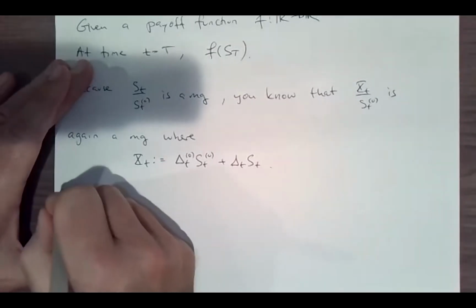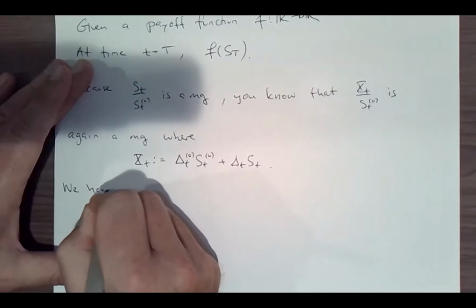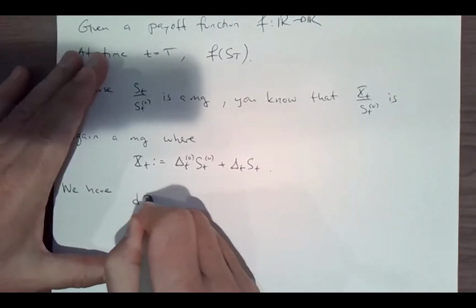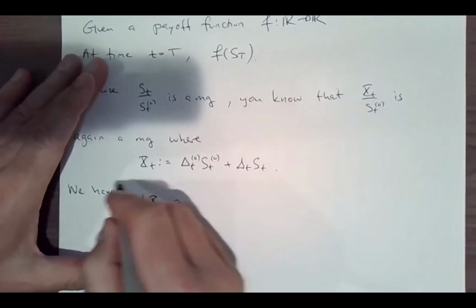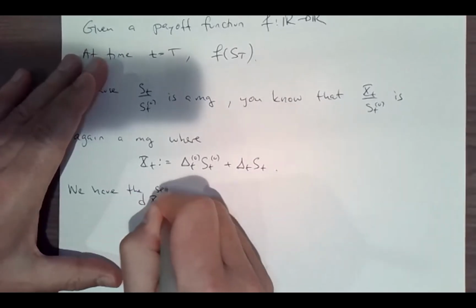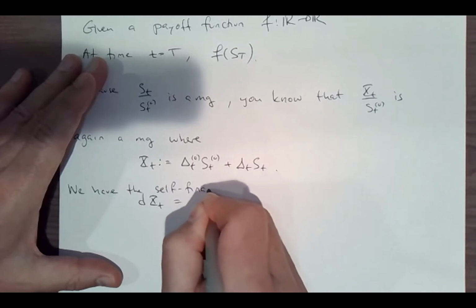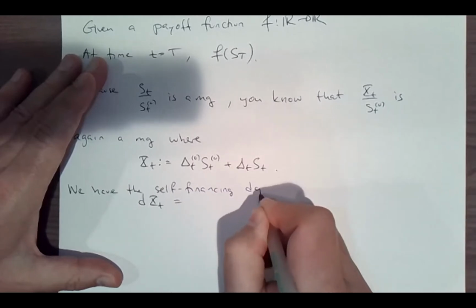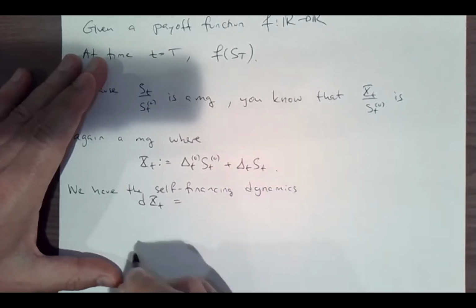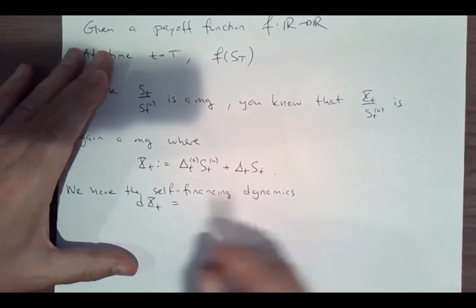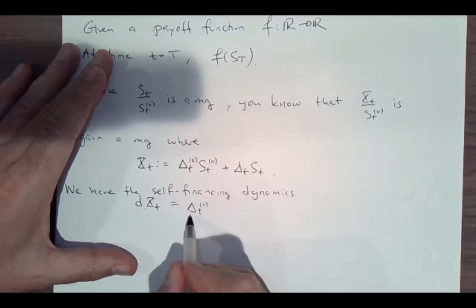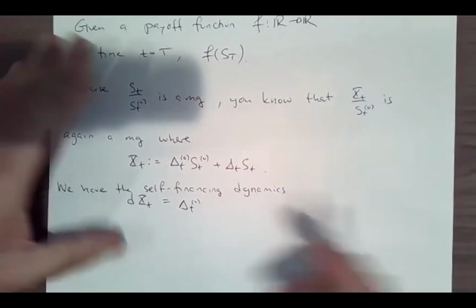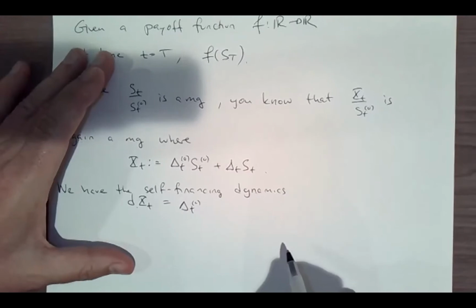So again, we'll have that dX_t is equal to, and this is where we have the self-financing dynamics. The wealth has the dynamics. This is the analog of what we had in discrete time.